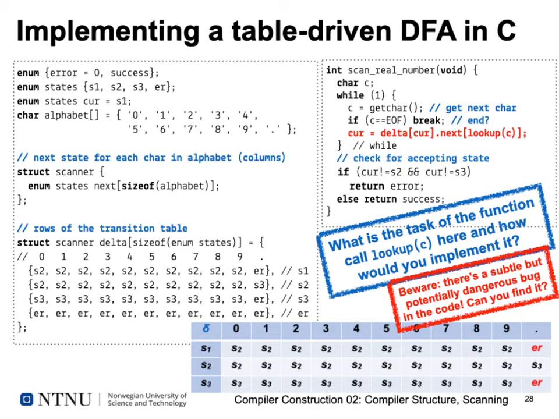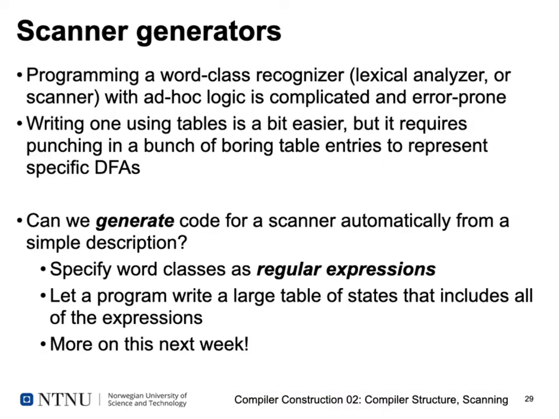So we've seen two ways to implement a DFA in C. The first way is to write a large complex bunch of switch and if statements. The second one is just to write down a table and to have a very simple program doing the scanning. But there's also another way, making life easier for you, because programming a very good recognizer or scanner with this logic you just implemented ad hoc is complicated and error prone, especially if your language gets more complex.